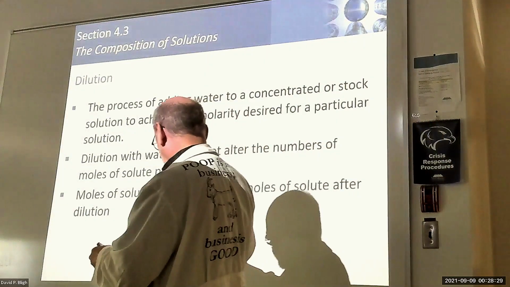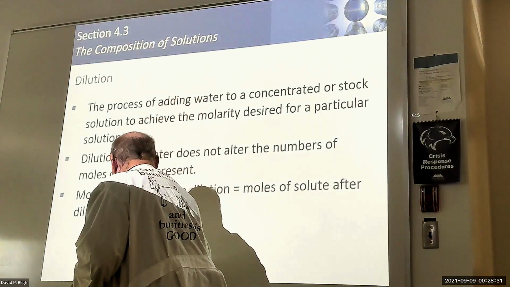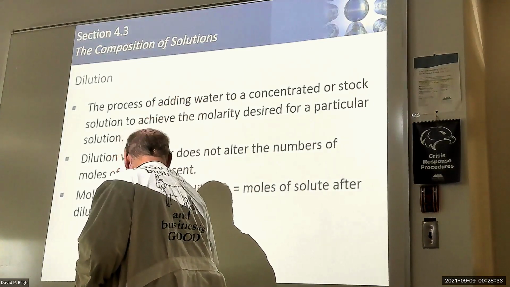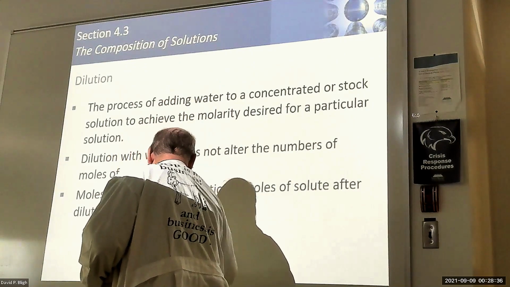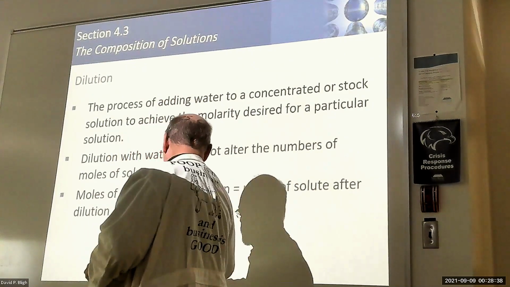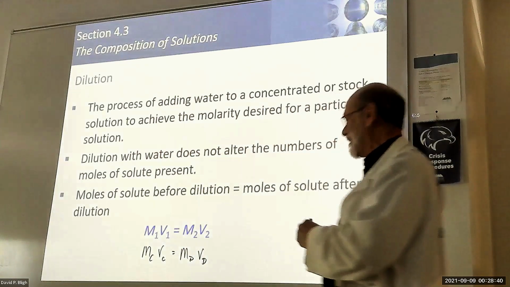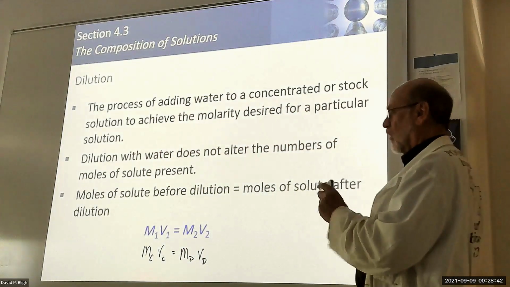Actually, it would make more sense if we said M concentrated, volume concentrated equals M dilute times volume dilute. Okay? Now, why does that work?